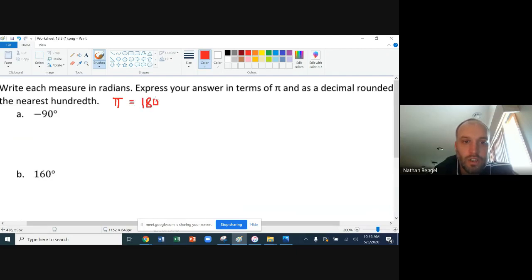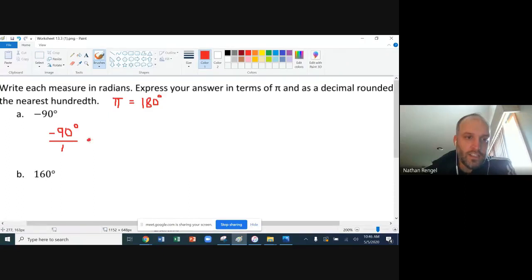So there's our conversion rate. Now to start out, you can take your degree measure, and we're going to write it as a fraction. So I just said that when you start to use dimension analysis, you're using a multiplication of fractions process. So we're going to take our given amount, negative 90 degrees, and we're going to rewrite that as a fraction.